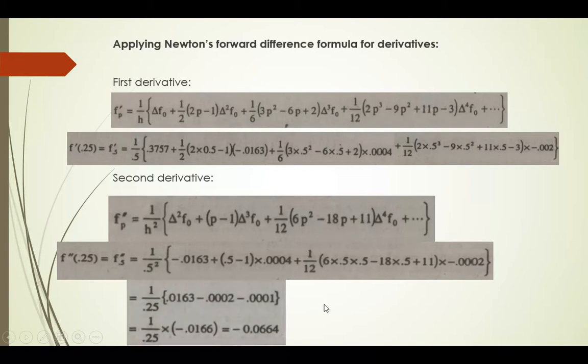So calculating these things, 0.5 square is 0.25, and 0.5 minus 1 multiplied by 0.0004 is this thing, and this whole thing is equal to minus this thing. Calculating, we will get minus 0.0664. So that is the second derivative.